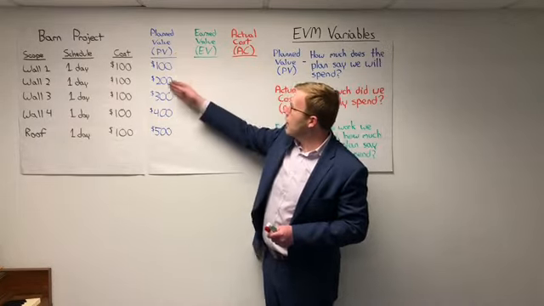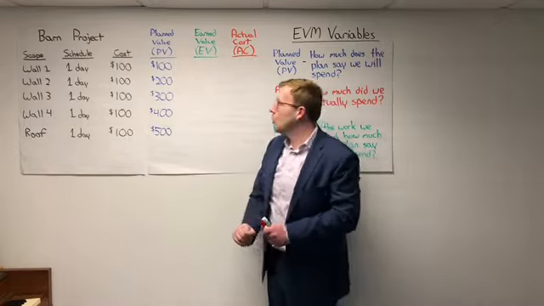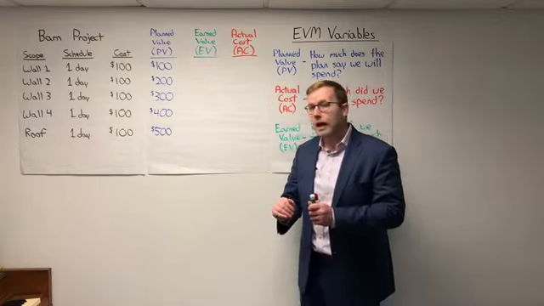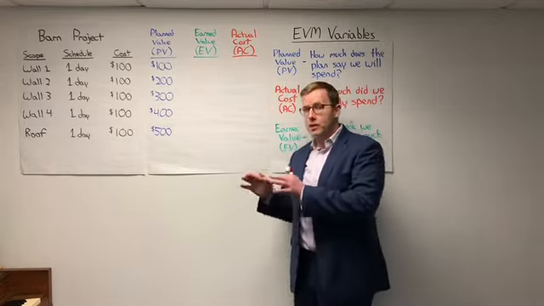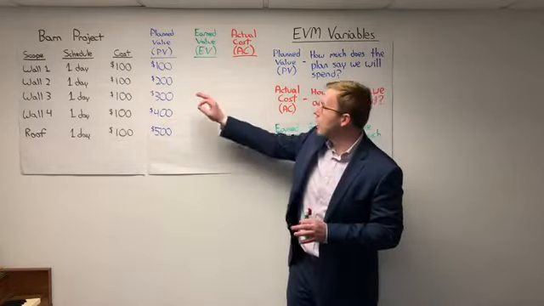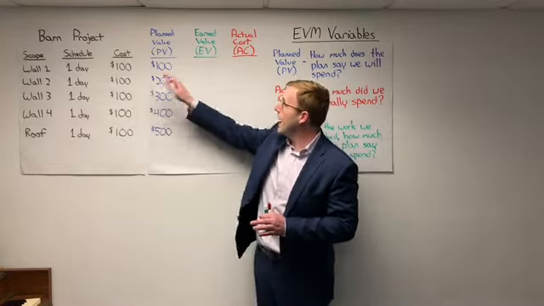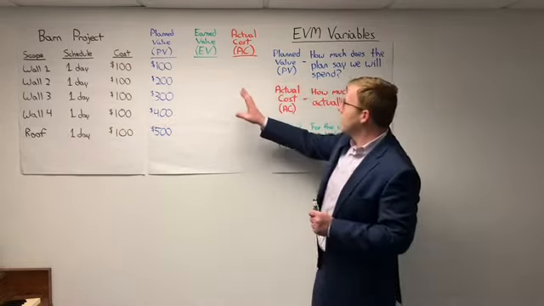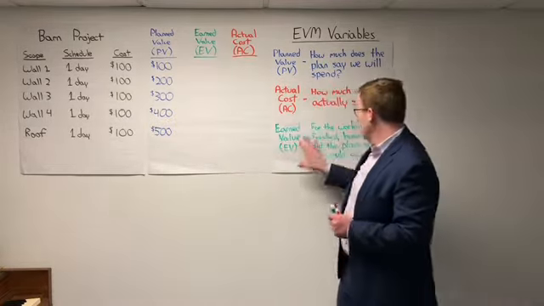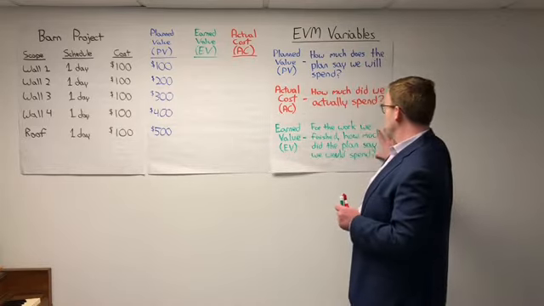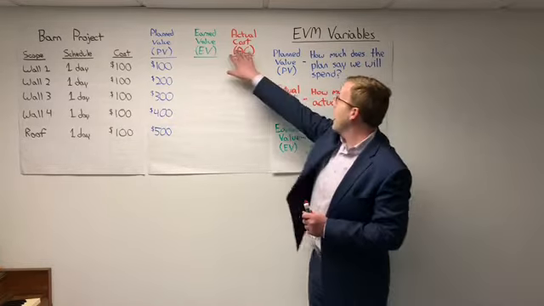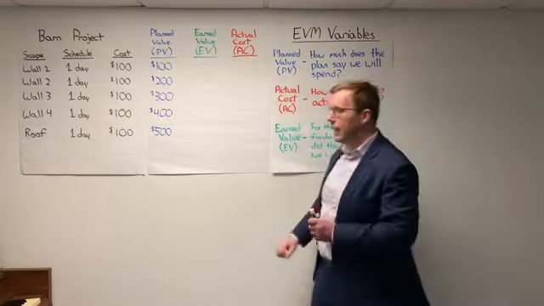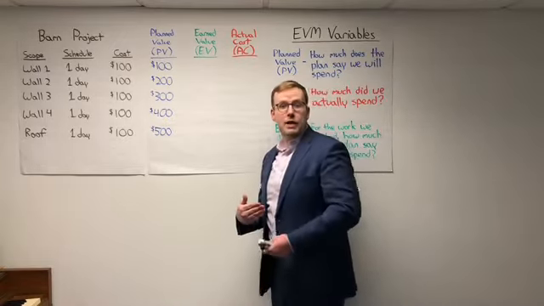So planned value is a cumulative total of what do we expect to spend, and that dollar figure doesn't only represent the cost, it represents the scope, schedule, and the cost. Now to look at and understand earned value for the work we finished, how much did the plan say we would spend, and actual cost, how much did we actually spend, we'll have to jump ahead into our project, right?